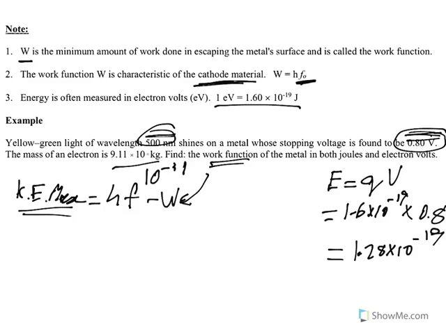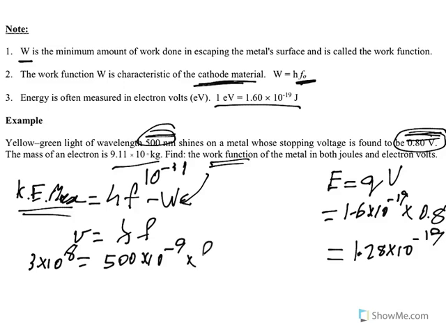Because we need to, using v equals lambda f, we know that the speed of light is 3 by 10 to the 8, the wavelength is 500 by 10 to the minus 9 (nano), times the frequency.